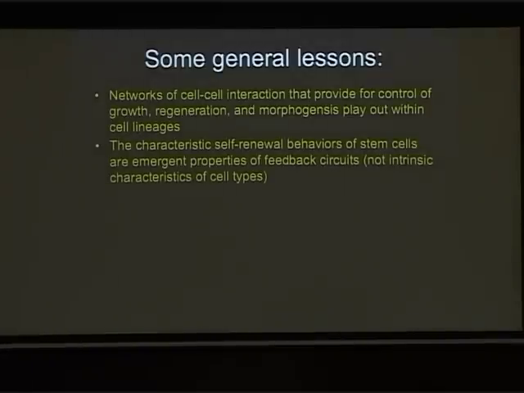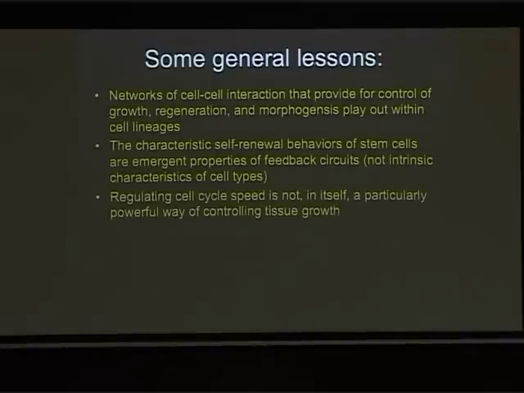You could take the same stem cell, put it in another environment, and it might behave like an intermediate cell or a terminal cell, or it might divide forever. In fact, that's why we can culture stem cells, is you can convince them to divide forever. Regulating the speed of the cell cycle, counterintuitively, is not a particularly useful thing to do.